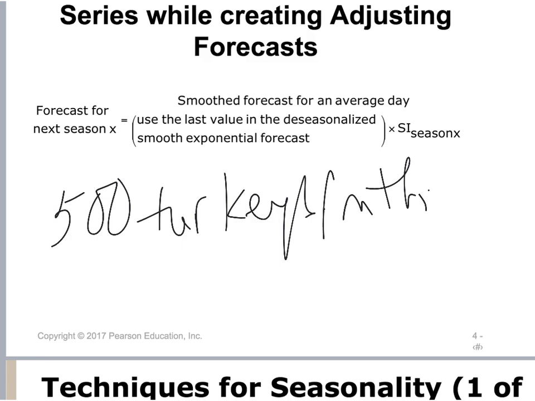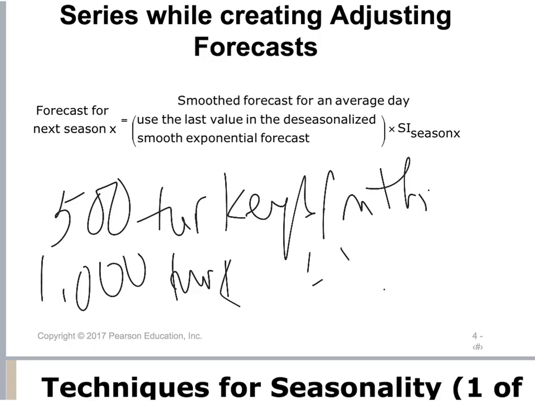However, our demand increases to 1,000 turkeys per month in November. So what you need to understand is, what's your seasonal index? How much more is your demand versus your normal demand? That's what we're trying to calculate.